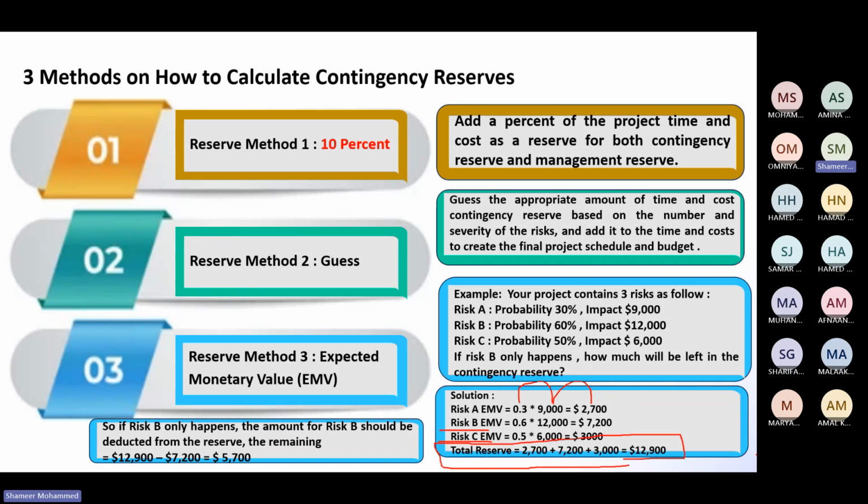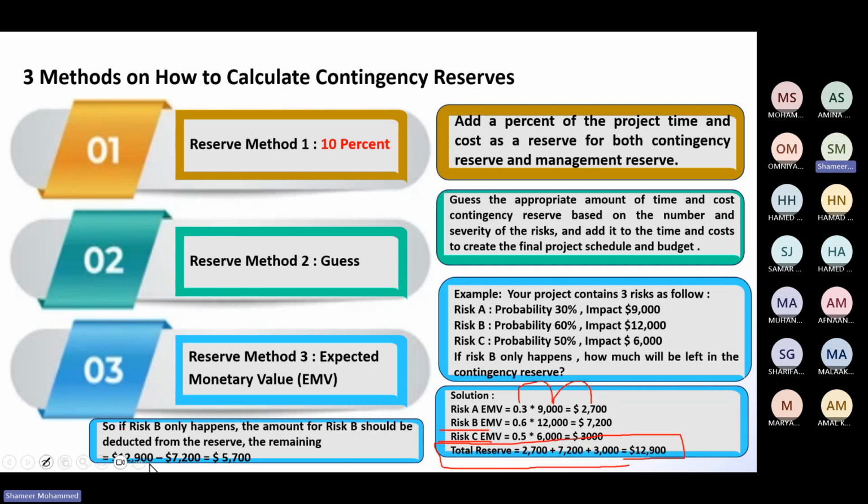So from this, if only B is happening, that means you subtract the B value. Now see here, what is the expected monetary value for B? 7,200.